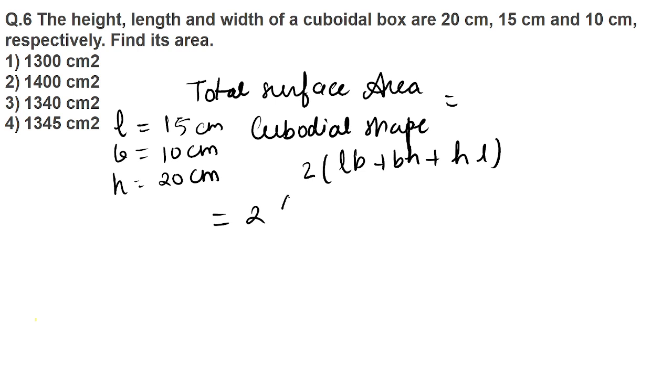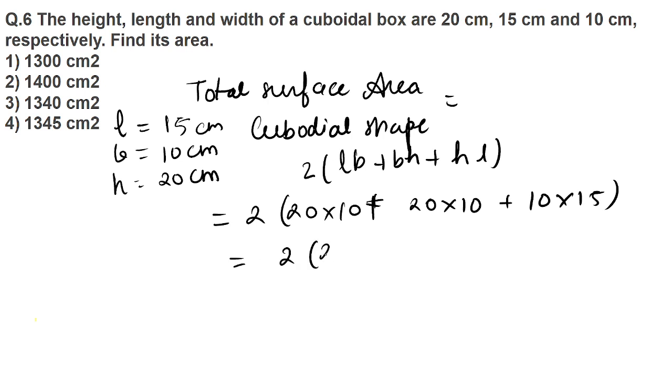So this will give me 2 into length, which is how much? 20 into breadth, for example, 10. You can take any, actually, okay? The formula at the end of the day is going to give you the exact value which is required. So this will give me 2 into 200 plus 300 plus, this is 15, right?